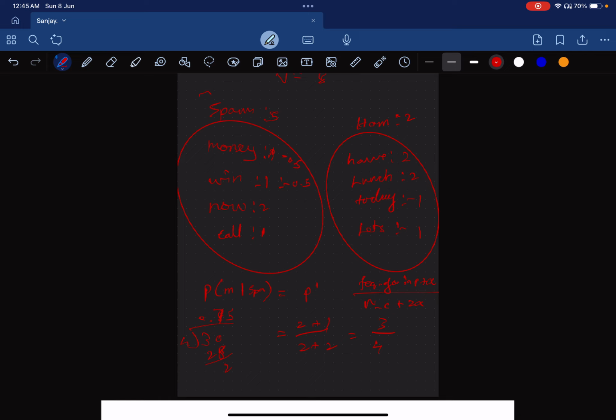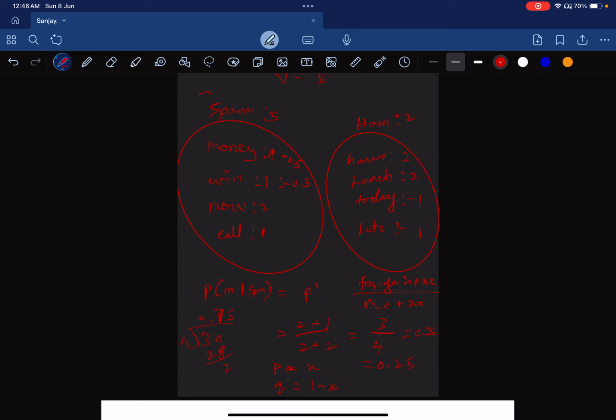The probability of "now" being present in the spam class will be 0.75. What is the probability of "now" not being present in the spam class? That is 0.25. How does it come? If the probability of a word being present is some value x, then the probability of it not being present is 1 minus x.